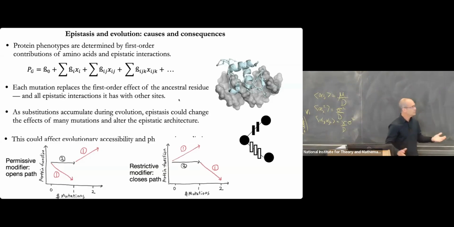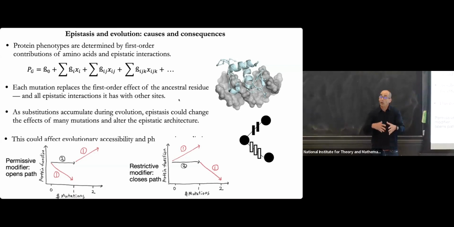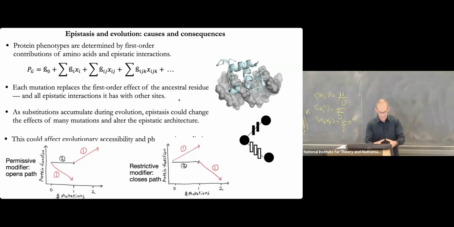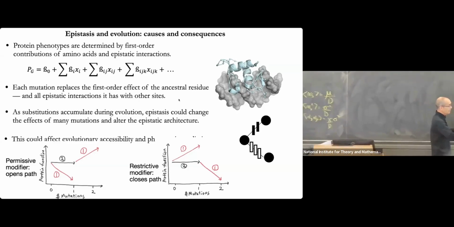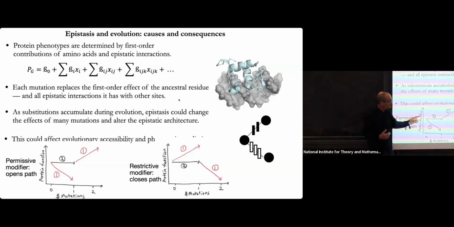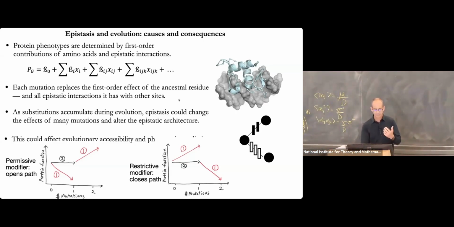The converse could also happen, where a modifier turns a mutation that was advantageous into a deleterious one, closing that path. So if this is the case, then evolutionary paths would be contingent on the sequence substitutions that happen to occur across a lineage, and our ability to predict the effect of a mutation would depend on the background. This is something that could happen. We would like to know the extent to which it actually does happen.